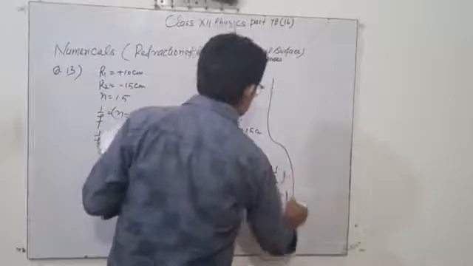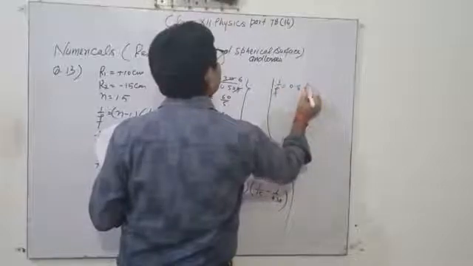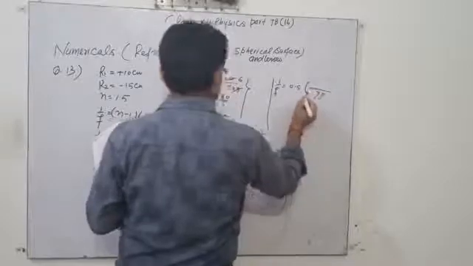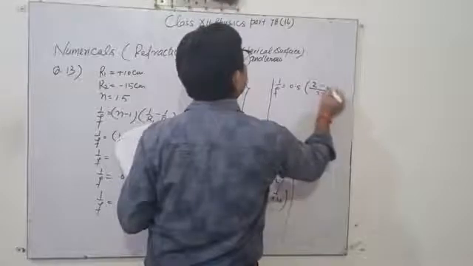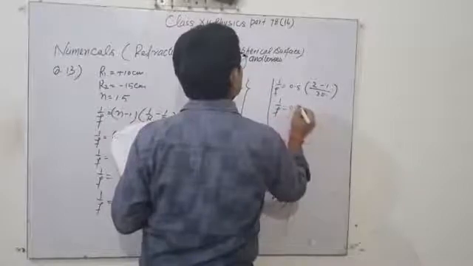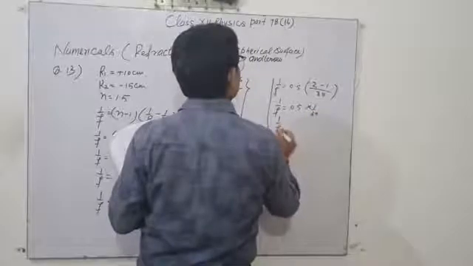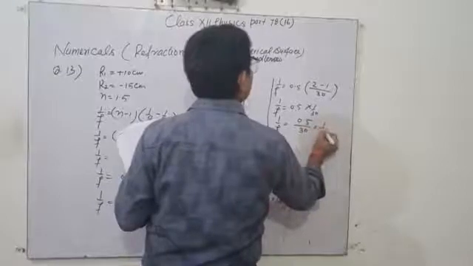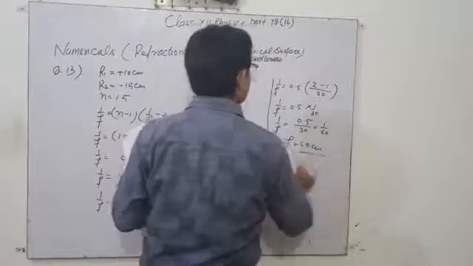Taking 30 common, 1 by f equals 0.5 into 1 by 30, so 1 by f equals 0.5 by 30, or 1 by 60. F equals 60 centimeter.